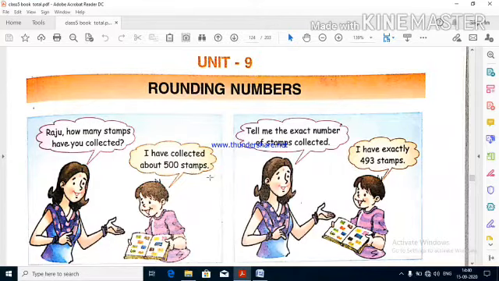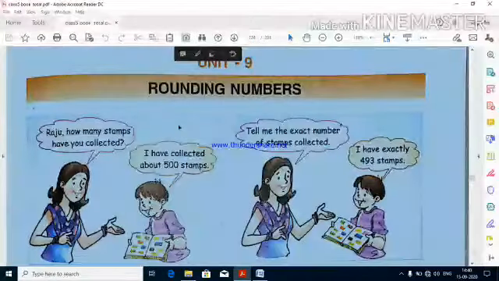So here 500 is a multiple of 10 or a multiple of 100. This means rounding numbers gives you the approximate value, not the exact value.